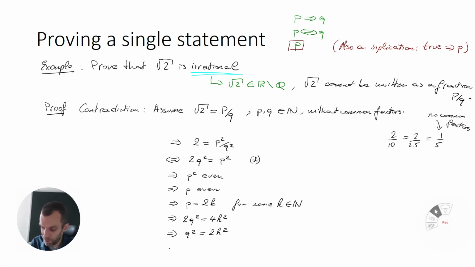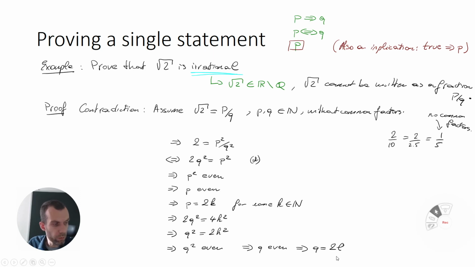And now this means in turn that q squared is even. And now if I continue below here, that tells me that q itself is even, also by the same reasoning. And finally that means I can write q as 2 times L.